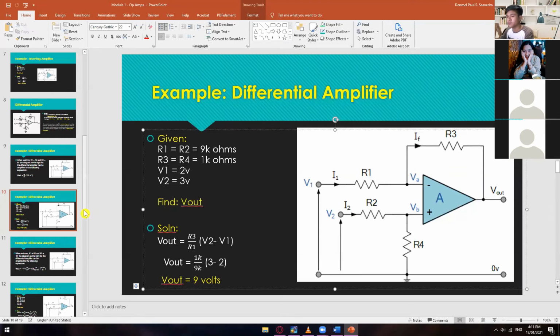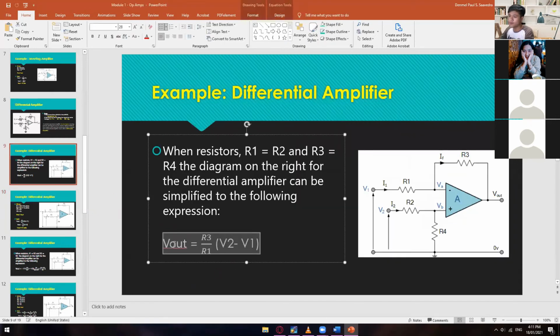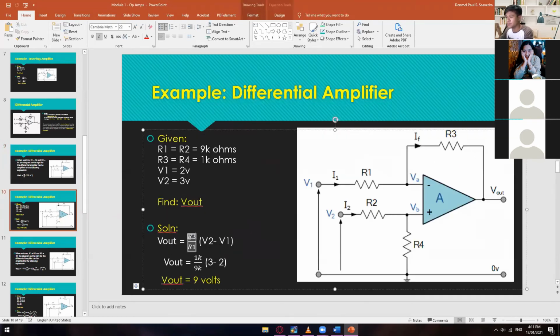Okay, so just simply use this formula and then substitute the corresponding values. So R3 is 1K, and then R1 is 9K. So 1K divided by 9K times your V2 here, which is 3 volts, and then your V1 here is 2 volts. Okay, so just simplify this one, and then you will get 9 volts.